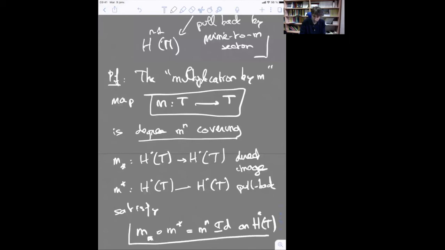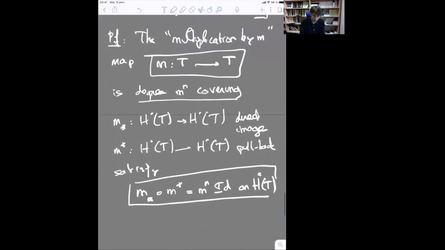So this is a crucial observation that only depends on the fact that the map is a covering map of finite degree. And so in particular, the direct image map is injective on rational cohomology.